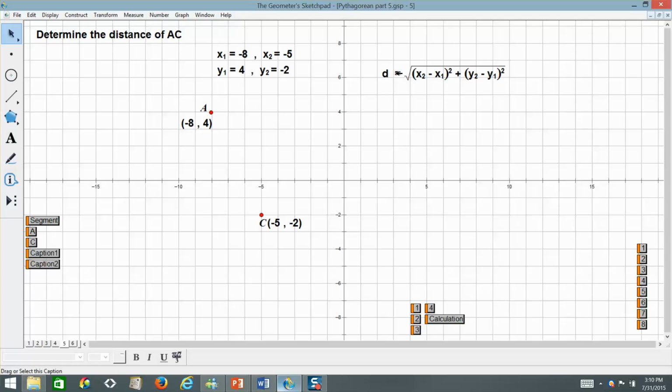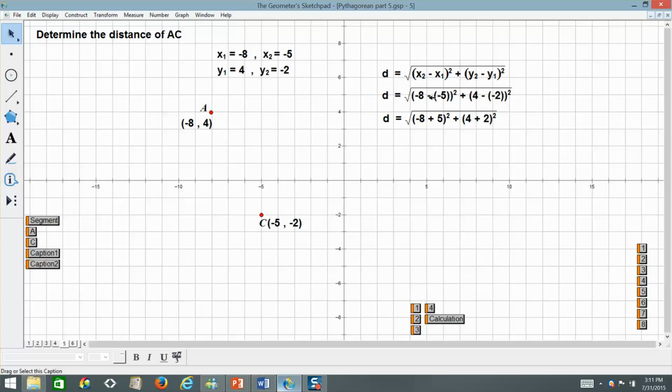D is equal to the square root of x sub 2 minus x sub 1 squared plus y sub 2 minus y sub 1 squared. We can substitute these numbers in this formula. So we get D is equal to the square root of negative 8 minus, in the bracket, negative 5, squared, plus 4 minus, in the bracket, negative 2, squared.